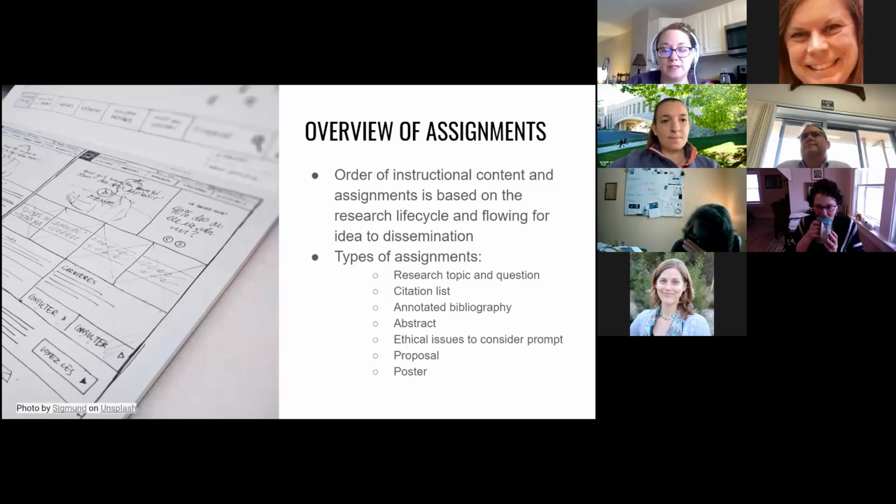What else needs to be said about this particular topic? And then the annotated bibliography builds on that, but there's flexibility. So if students have some sources that aren't great in that citation list, they make some adjustments. They look for more sources that are more fitting based on what they know now. Then they end up writing an abstract. They think again about those ethical issues and finally move to the poster and the proposal.